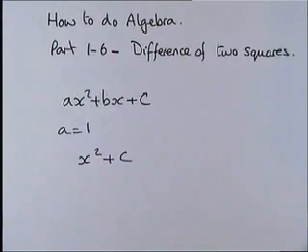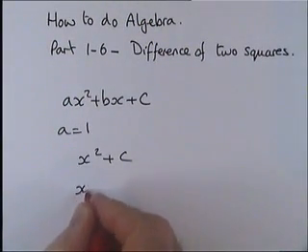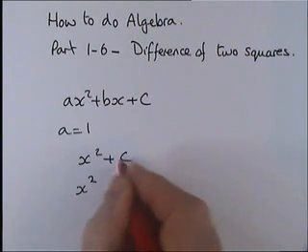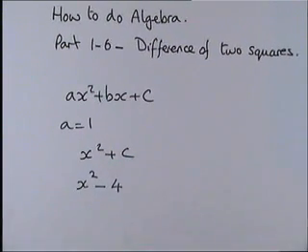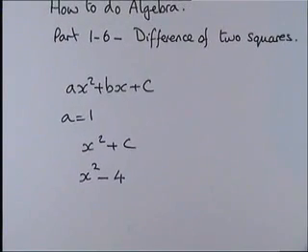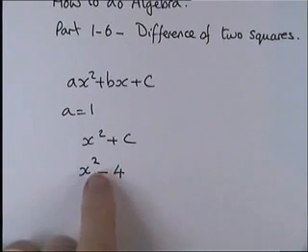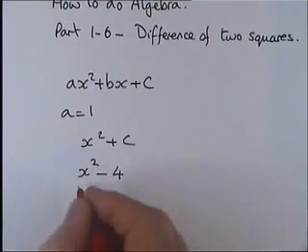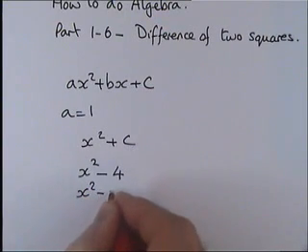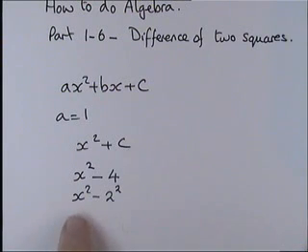Now, if c turns out to be a negative square number, then we have a very important special case, which is called the difference of two squares. Because x squared take away 4, well, 4 is a square number which can be written as 2 squared. So this is the difference of two square numbers.